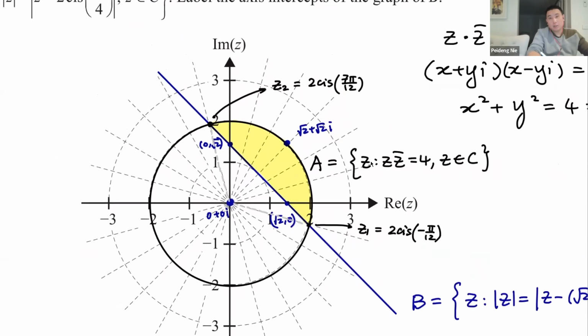Okay, so we know this is a nice application of De Moivre's theorem. It has to be dividing the whole circle of radius 2 into 3 equal pieces, which means the difference of 2 angles will be 2 pi over 3, okay?